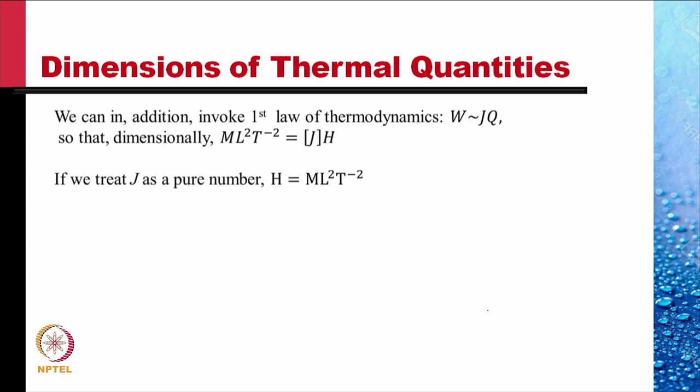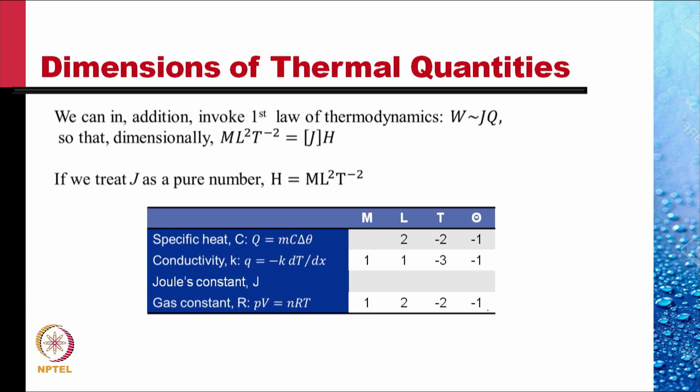Then we have four dimensions: M, L, T, and temperature theta. Now, the dimensions of specific heat are obtained from the relation Q is equal to M C delta theta as L squared T minus 2 and theta minus 1.